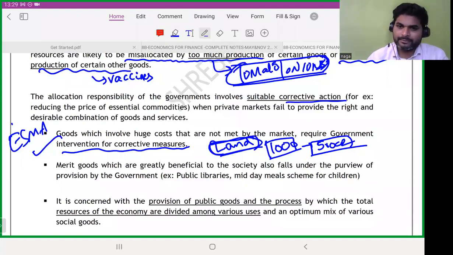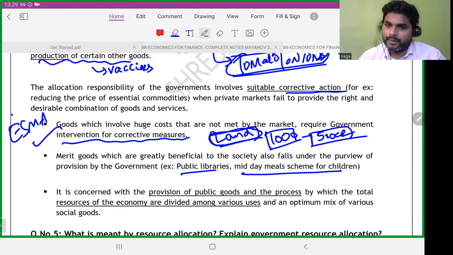For example, providing public libraries, midday meal schemes. The midday meal scheme has really done wonders. There were days when people were not sending their children to schools for a simple reason.